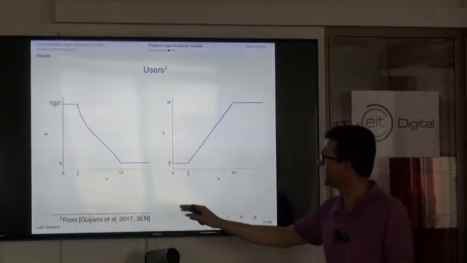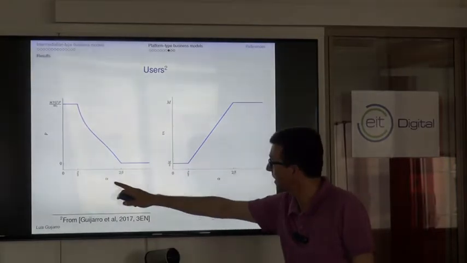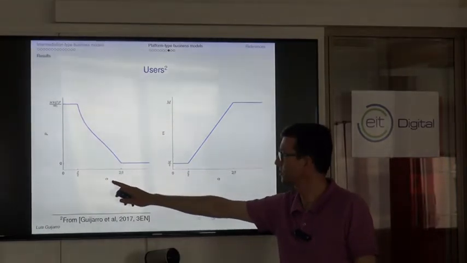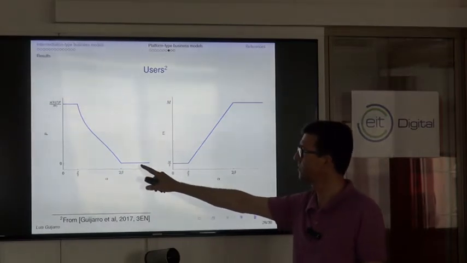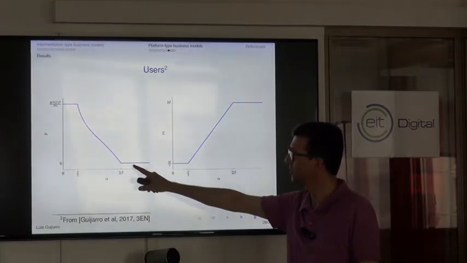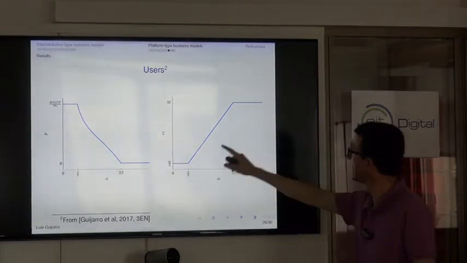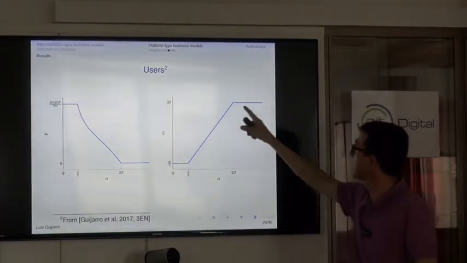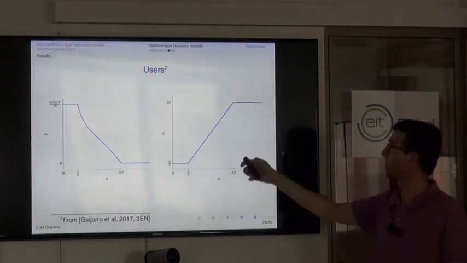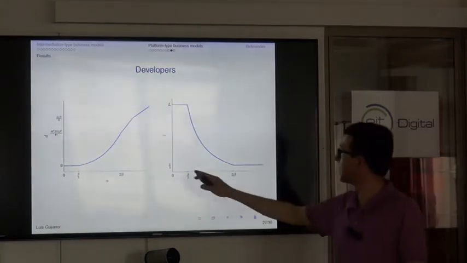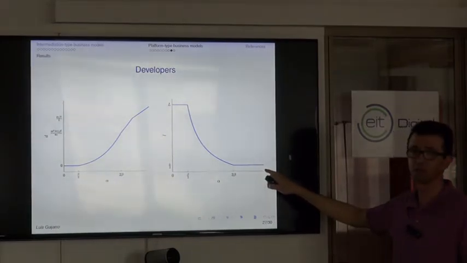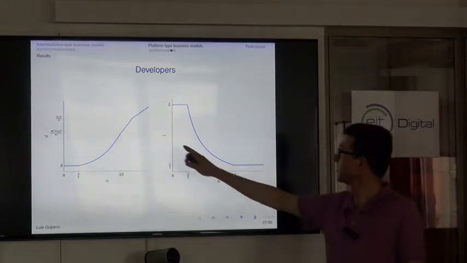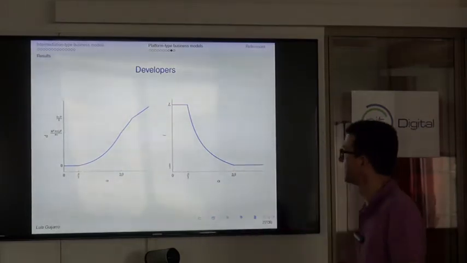And eventually, for high enough valuable customers, the platform may find it profit maximizing to offer the service free to them so that all M users will subscribe. Of course, some registered developers should still be paying for the registration.